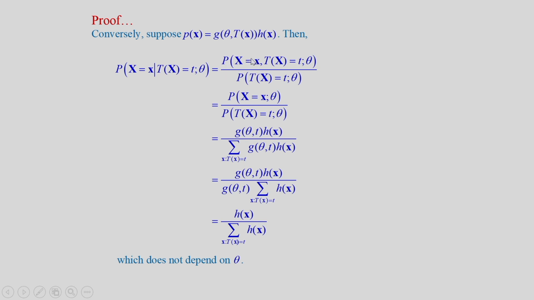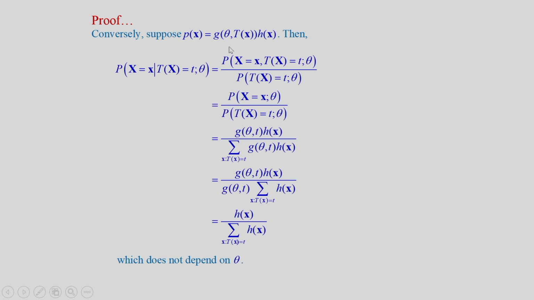Now, you apply the definition of conditional probability, that is probability of X is equal to small x, and T(X) is equal to t as a function of theta, divided by the marginal probability, probability that T(X) is equal to t as a function of theta. Now, since T(X) is a function of x, this we can write as probability of X is equal to small x, theta divided by probability of T(X) equal to t as a function of theta.